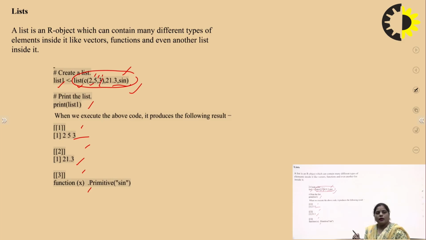So when we print the list, it specifies each and every element. The first element is a vector, so it represents all 3 elements of that vector. The second time an individual element is printed, and the third time the sign function has its value inside that list, so it prints that.